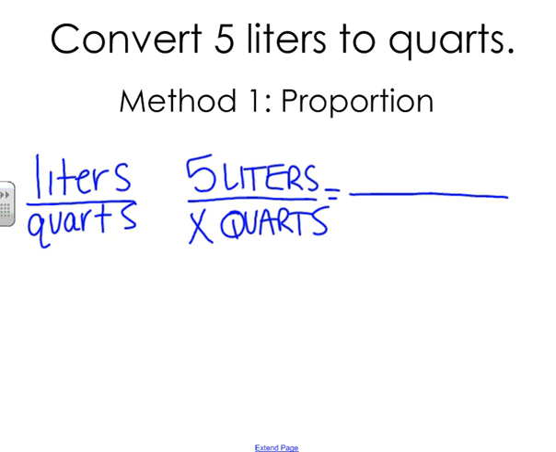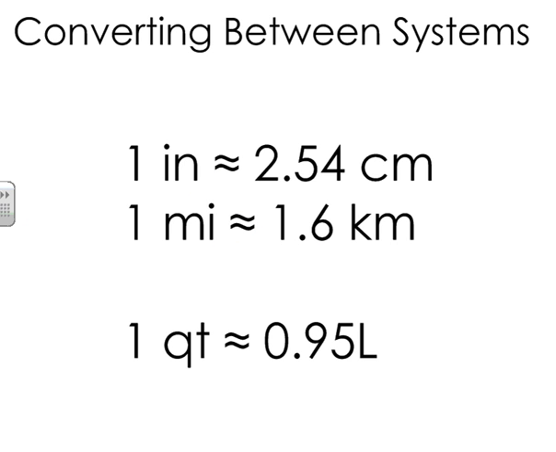Okay, so the first half of your proportion is just using the information that they gave you. The second half, I'm going to use the conversion factor that they gave me. So on the first page, we saw that 1 quart was approximately 95 hundredths of a liter.